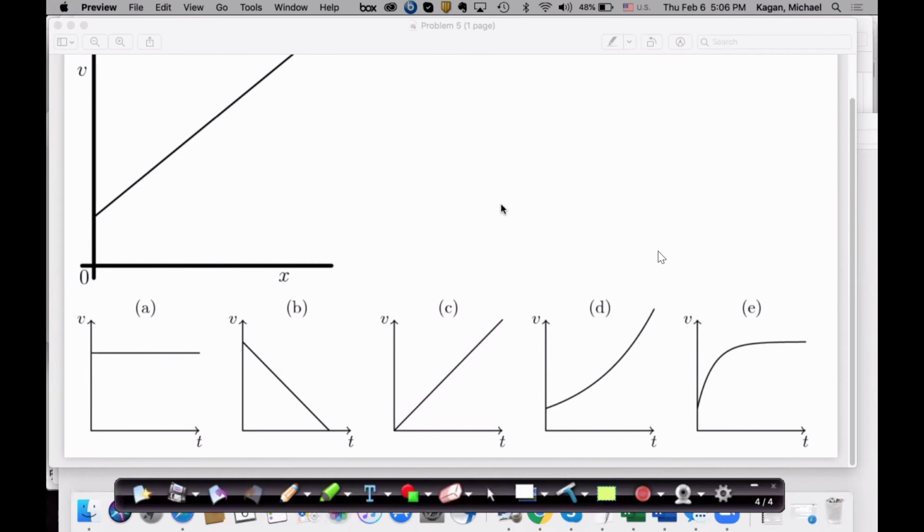Again, calculus may help, but I think you had some good thoughts there. So can somebody just summarize what you've come up with?